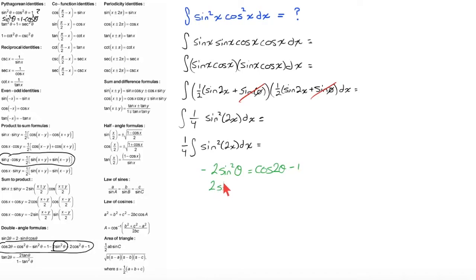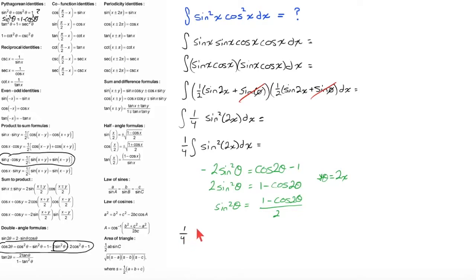So 2 sine squared theta is equal to 1 minus cosine of 2 theta. Now, I don't exactly have 2 sine of something up here, but I do have sine squared of something, so I could just say that sine squared of theta is equal to 1 minus cosine 2 theta over 2.